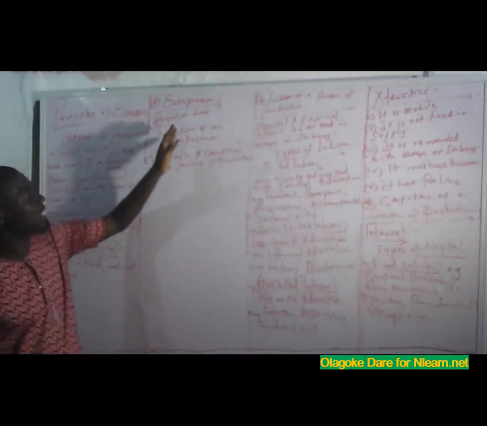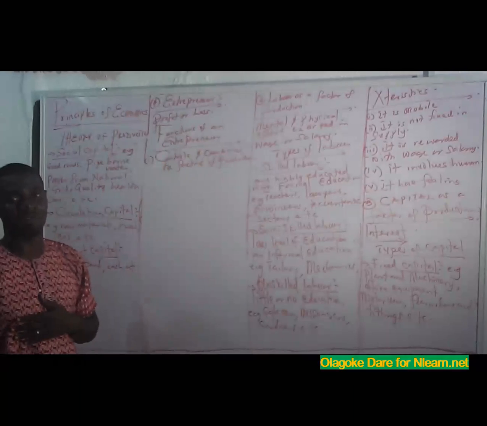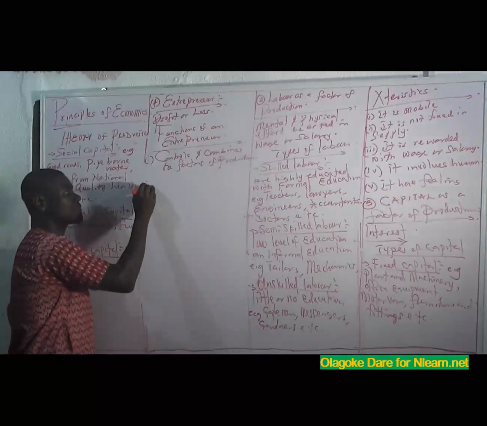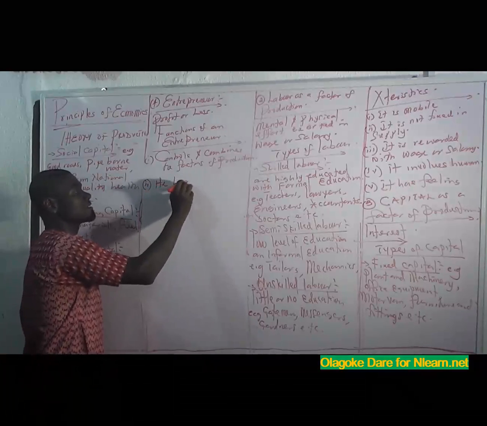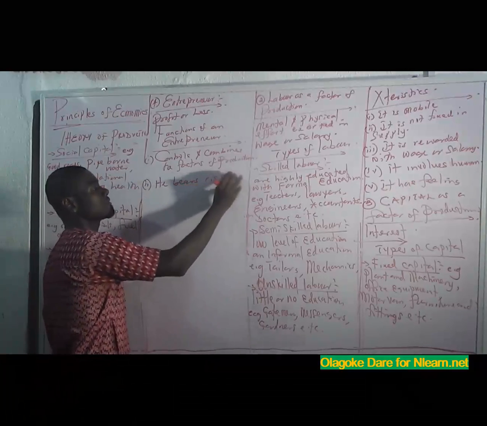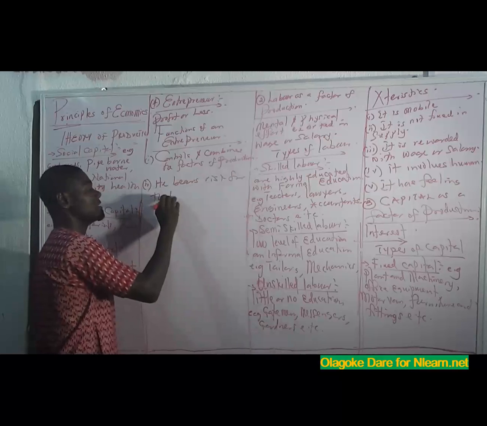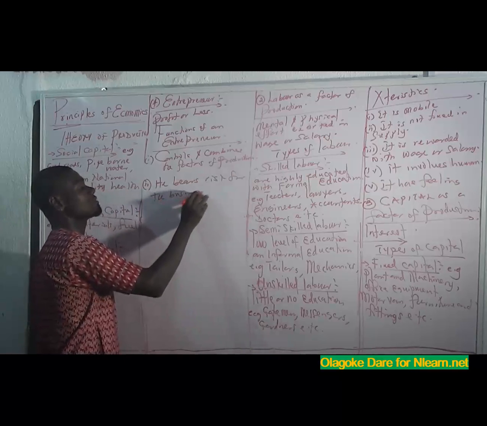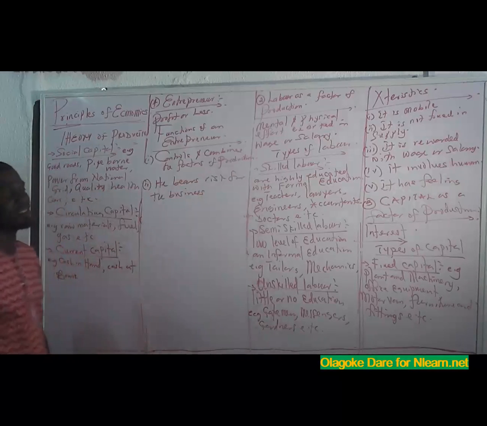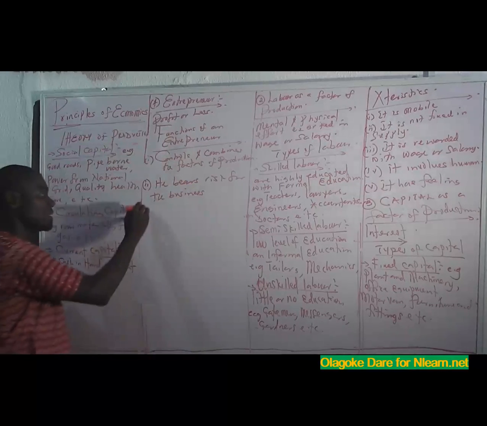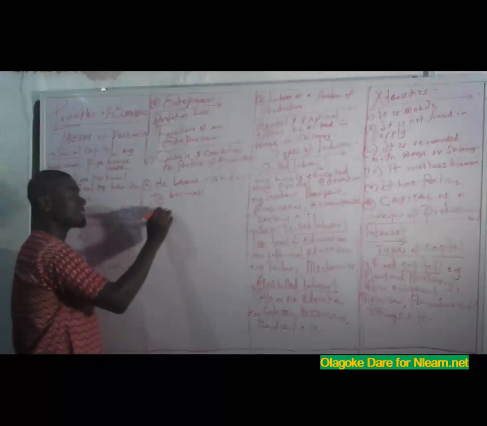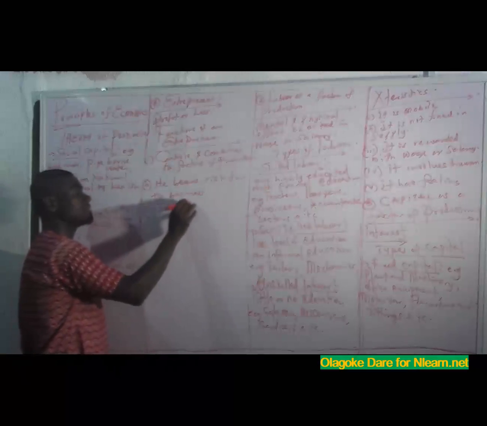It will be decided by whom? By the entrepreneur. Another one is that he bears risk for the business, because for the risk he or she will get profit.